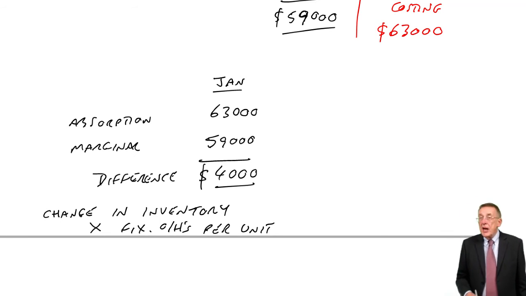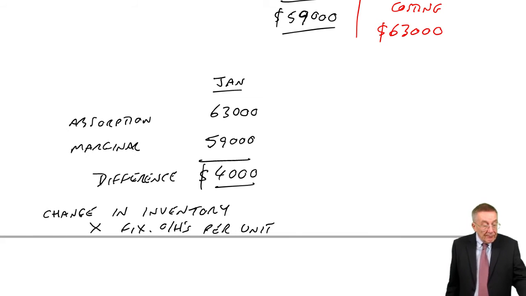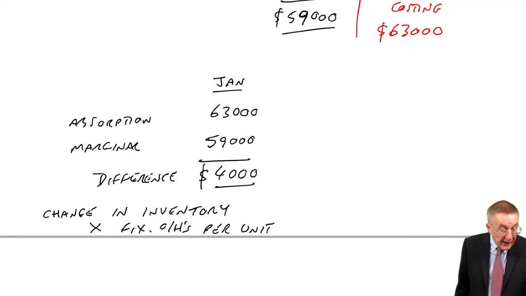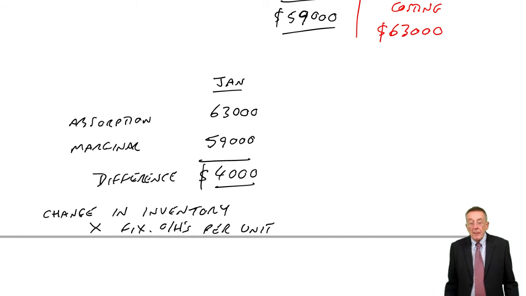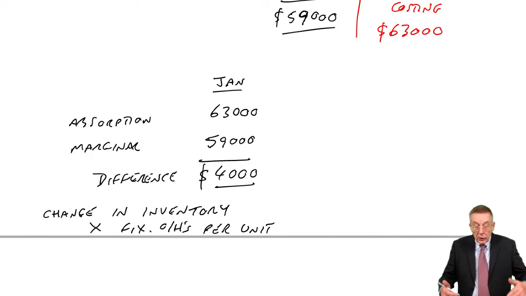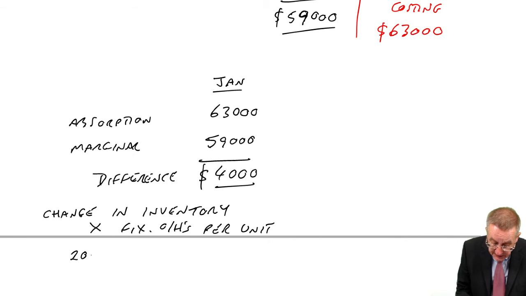How much did the inventory change by here? We produced 11,000. We only sold 9,000. So the inventory increased by 2,000 units.